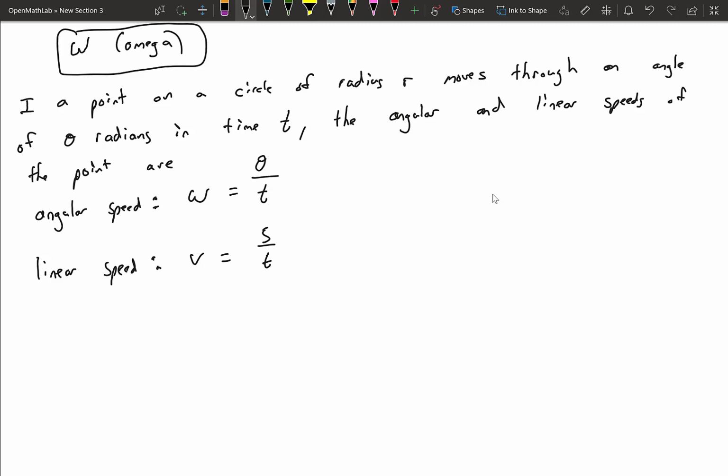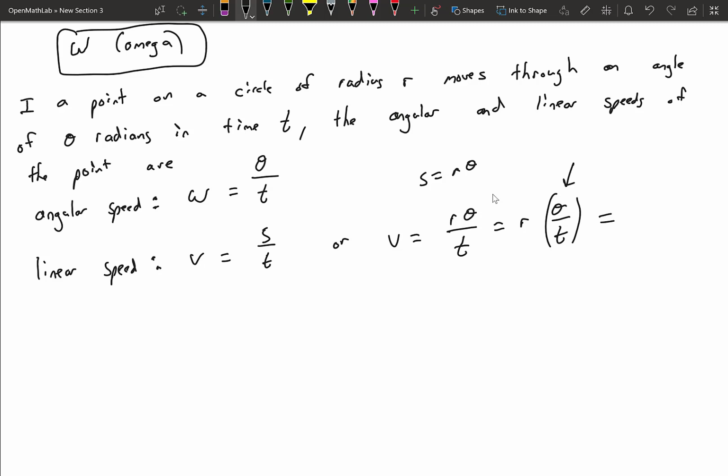Or what we could do is remember that s equals r times theta, right? So v would be equal to, if I plug r theta in for s, r theta divided by t. And something interesting is that theta divided by t is equal to the angular speed, omega. So I could rewrite this as r times theta over t, the same thing, and theta divided by t is equal to omega.